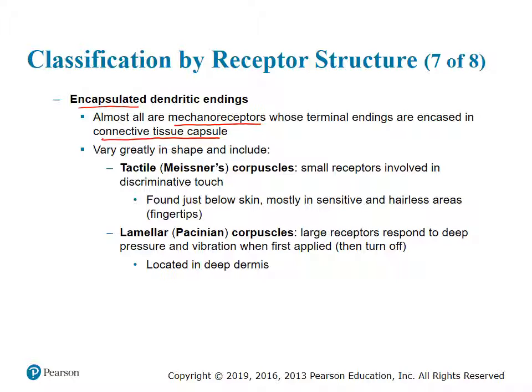And these respond to changes in touch, pressure, again, physical movement. Tactile or Meissner's corpuscles are the receptors involved in discriminative touch, mostly in sensitive, hairless areas like the fingertips, where you're going to have Meissner's or tactile corpuscles.